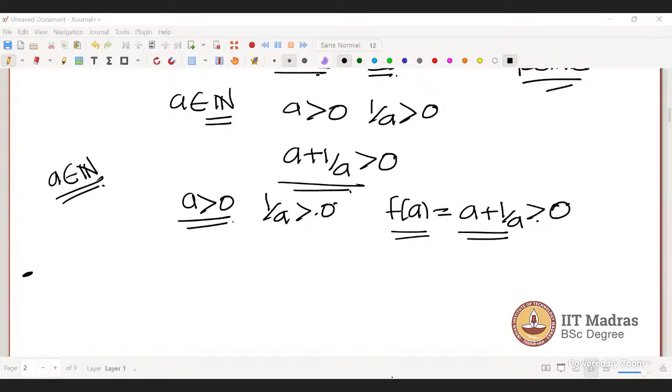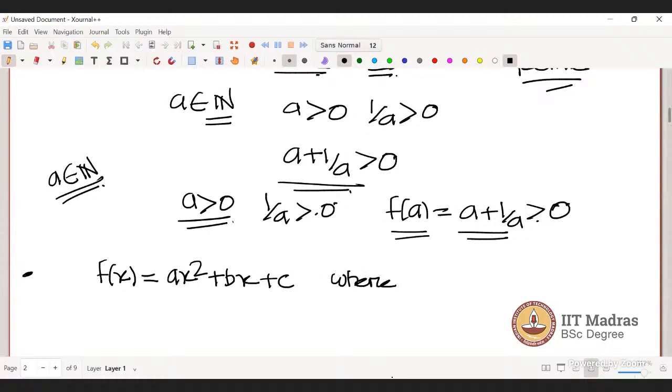Yes, right, sir. If a function is in this form, ax square plus bx plus c, where a is not equal to 0, then only you can say that that function is a quadratic function, right? Yes, sir.